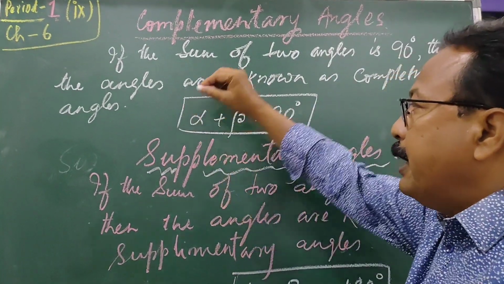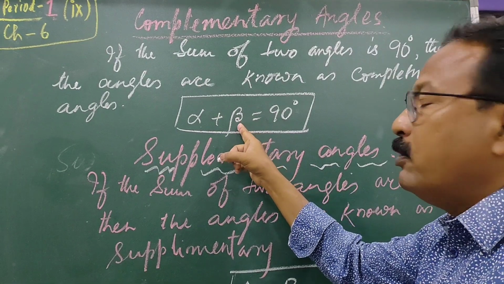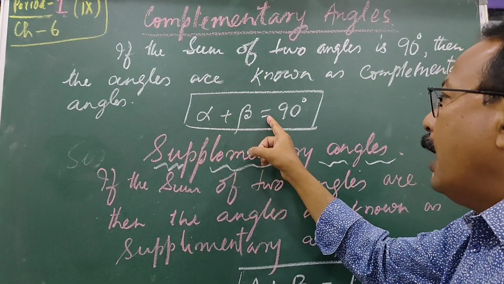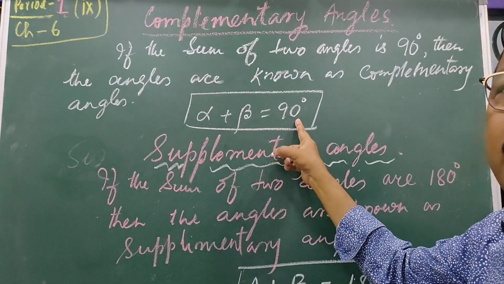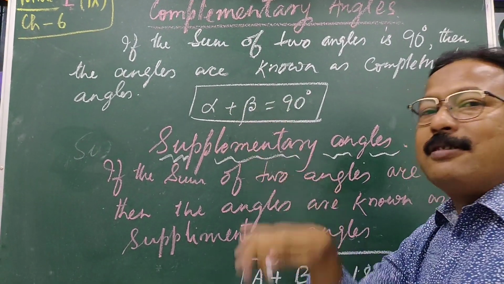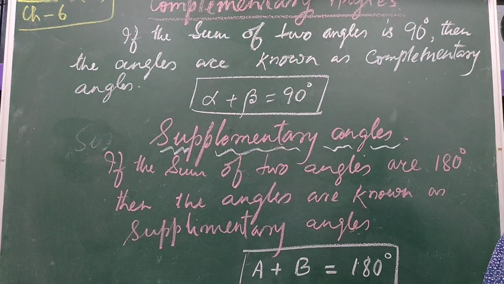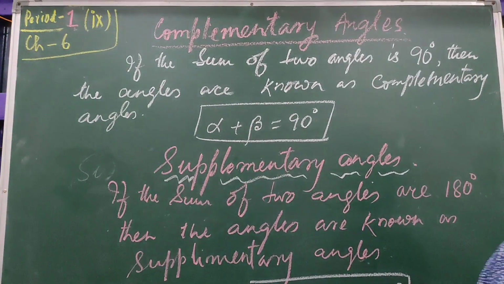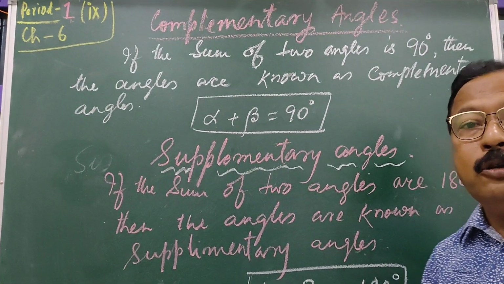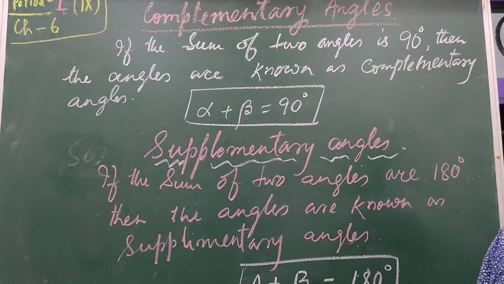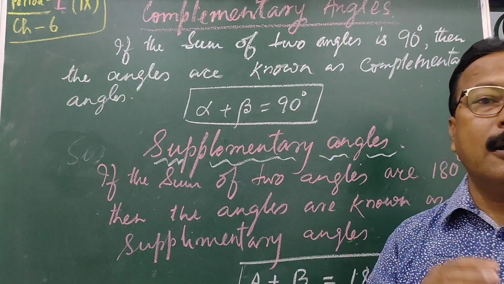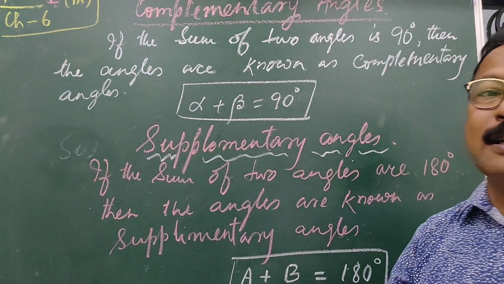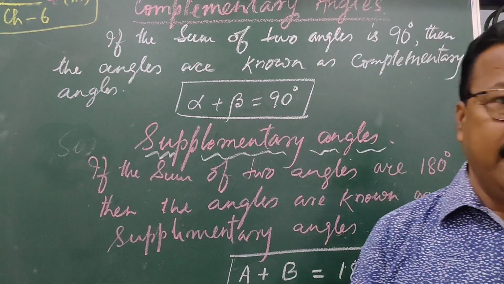Suppose we take one angle as alpha and another as beta, and their sum is 90 degrees; then they are complementary angles, and each is the complement of the other. If one angle is x, its complement must be 90 minus x.